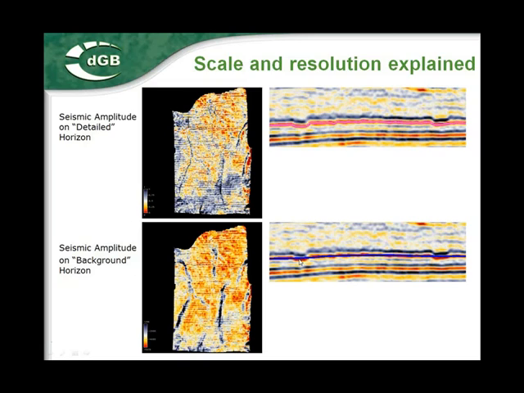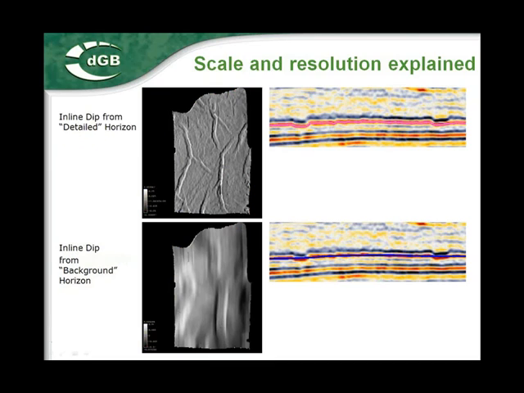However, if I do the same thing on the smoothed horizon that has an average by average 15 by 15 filter, the background horizon, I see in the amplitude extraction many of those features jumping out at me. They have the correct width, so that's a much better display of the geology.